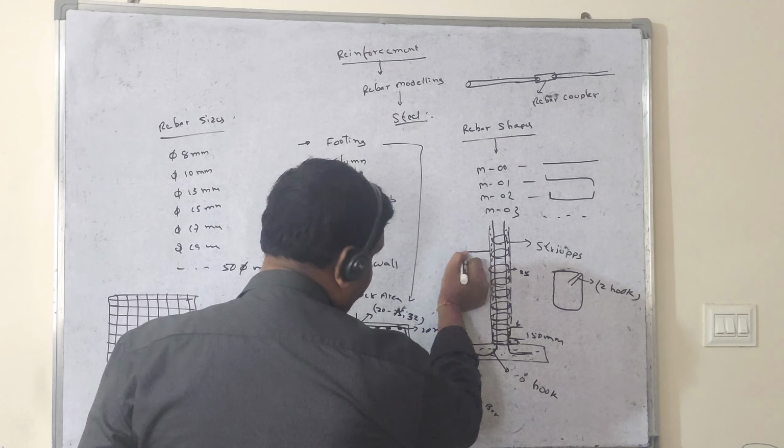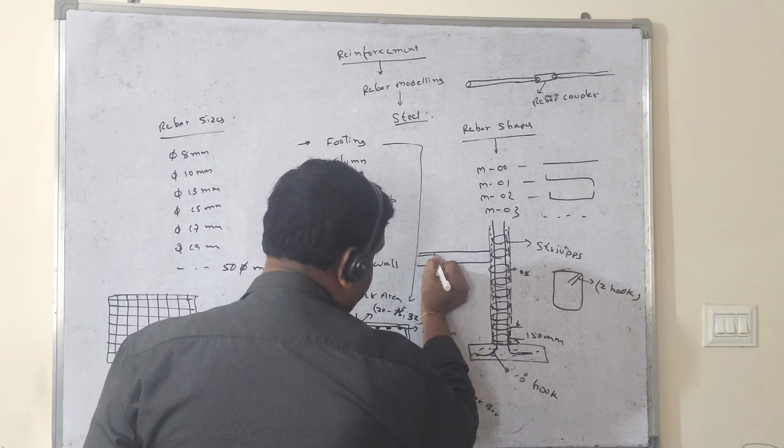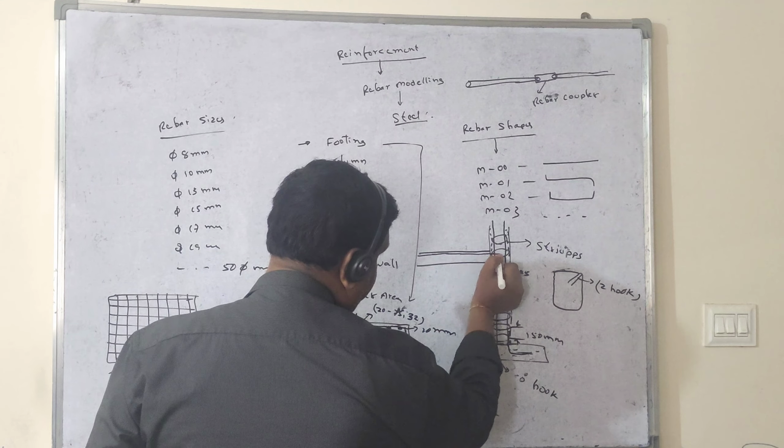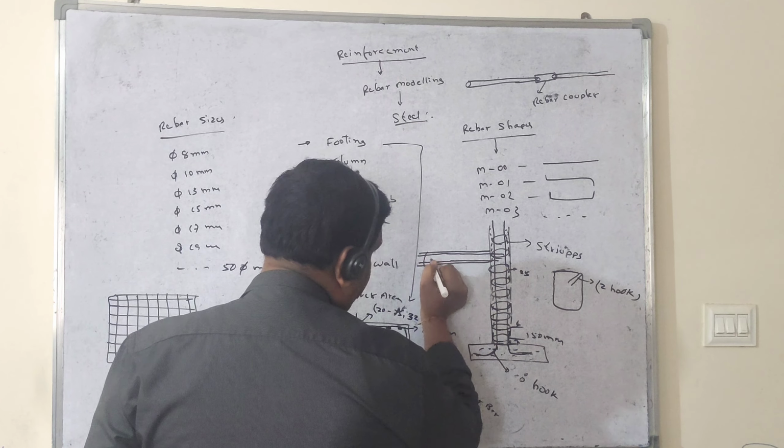So from the column, if any beam is coming here, then for the beam also the straight rebar will be there, and it is going to be inserted inside the column, and there will be a number of stirrups.